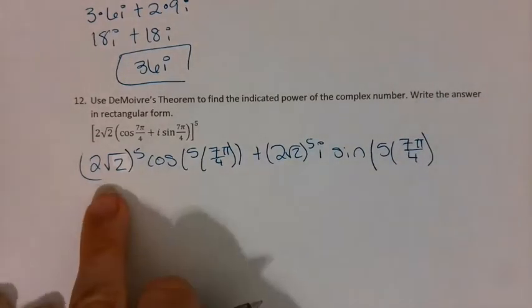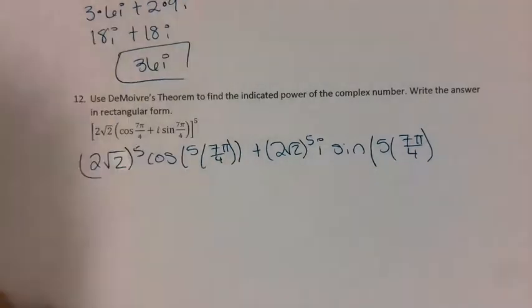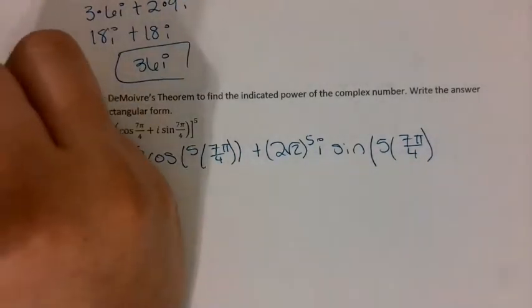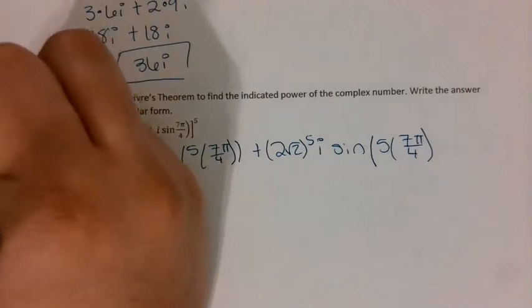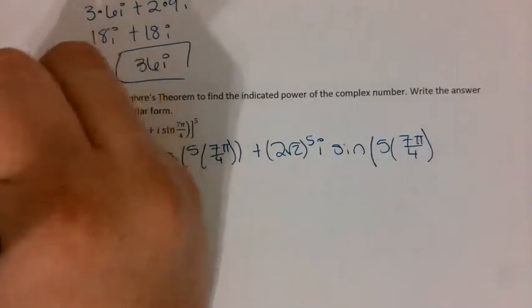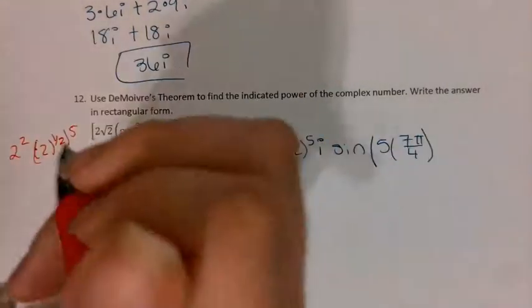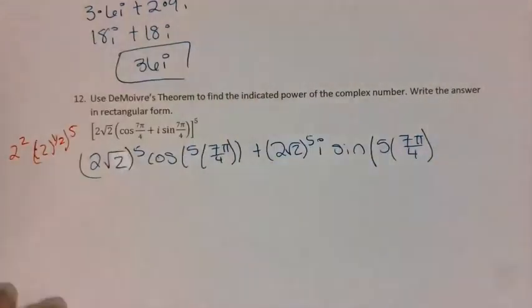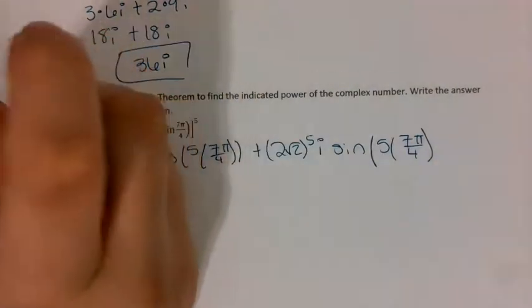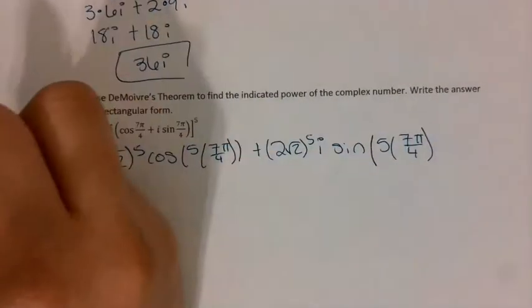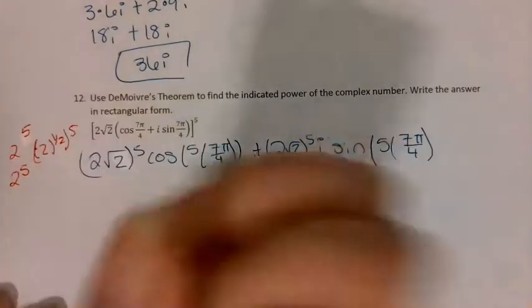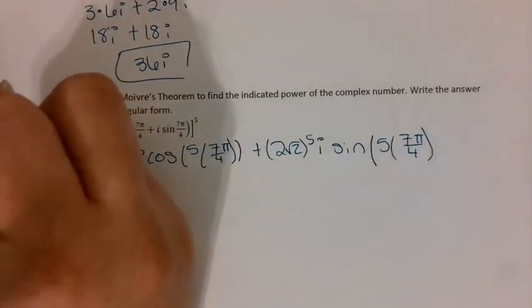2 square root of 2 to the 5th power is, I'm going to do my work over here in red. I can separate it to 2 to the 5th, and I'm going to rewrite the square root of 2 as 2 to the 1/2, to the 5th power. Why did I write it 2 squared? It should have been 2 to the 5th. So then I have 2 to the 5th times 2 to the 5/2.